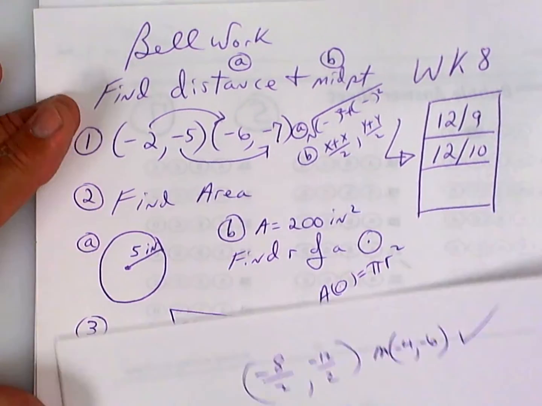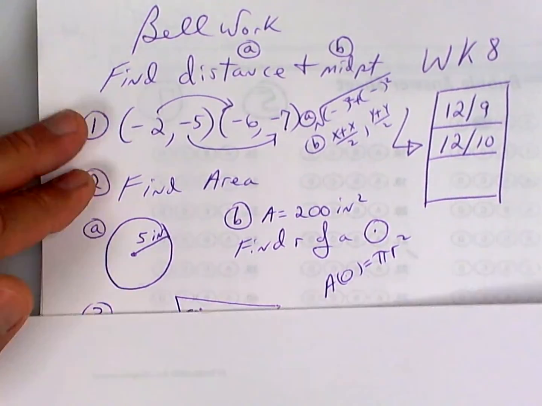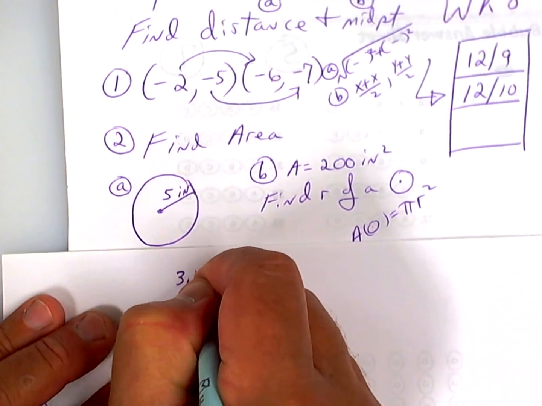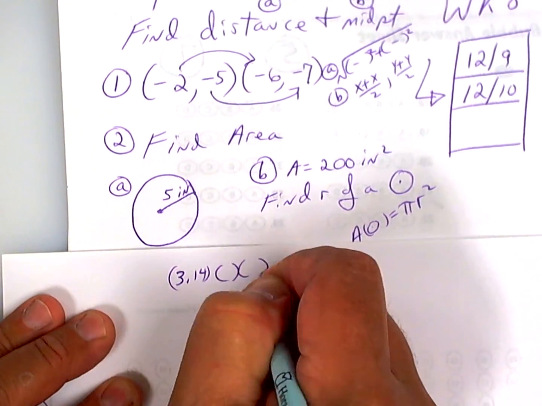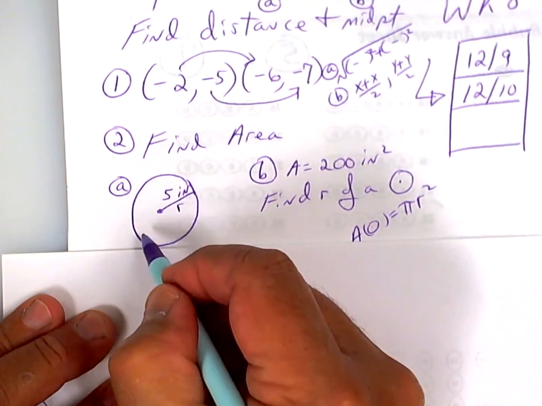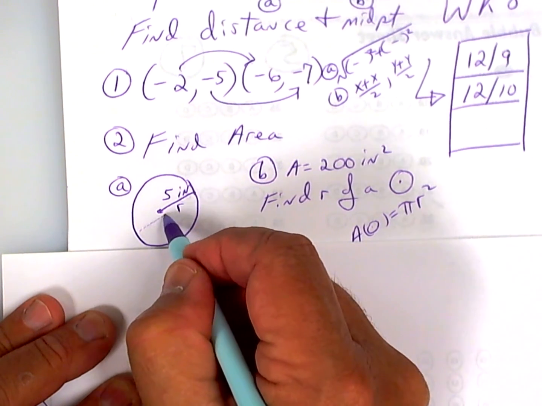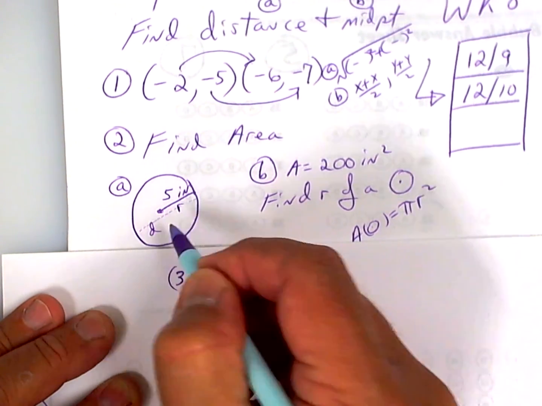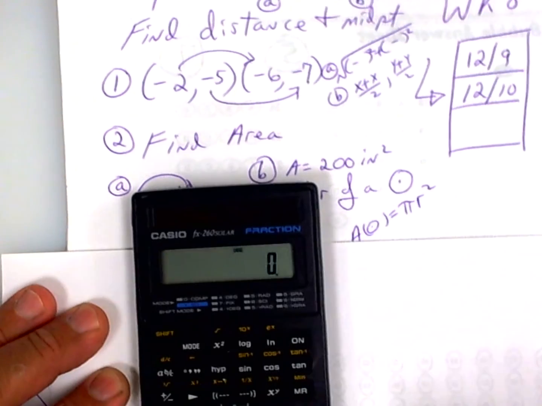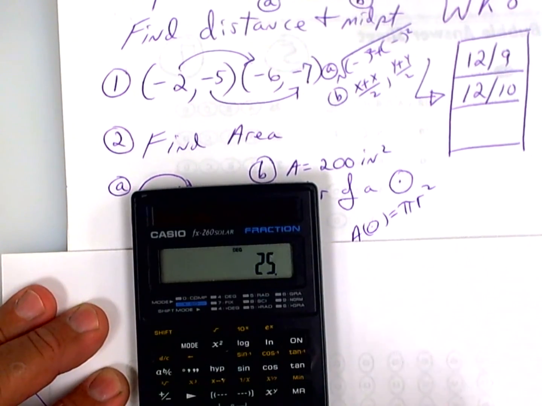All right, let's keep going. Circle. Well, the area of the circle is pi radius squared. So it's pi, 3.14, times the radius squared. So that's 5 times 5. Understand your radius is smaller than your diameter. Your diameter goes all the way across. Make sure you know that. So 5 times 5 is 25 times 3.14.